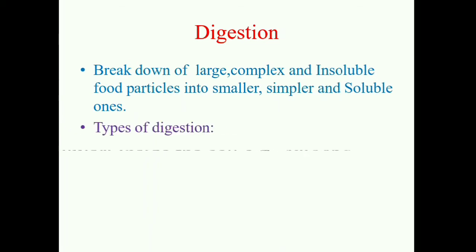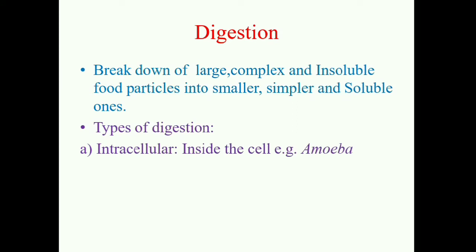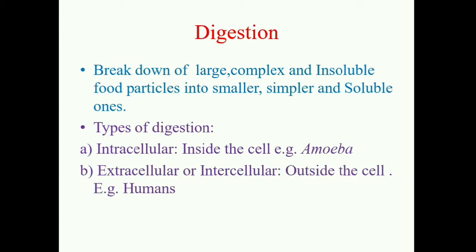There are 2 types of digestion basically, intracellular and extracellular. As the name indicates, intracellular means which occurs inside the cells as in amoeba, and extracellular digestion occurs outside the cells, that is in the digestive cavity.